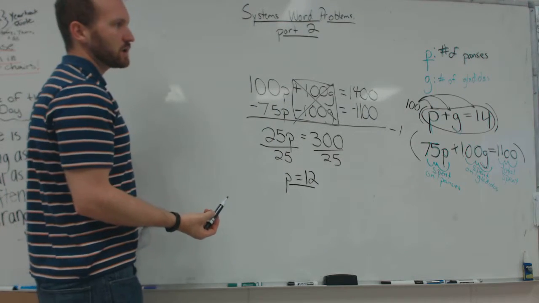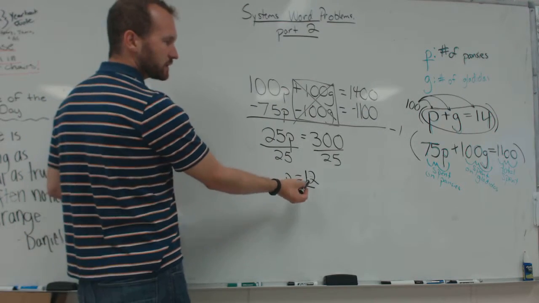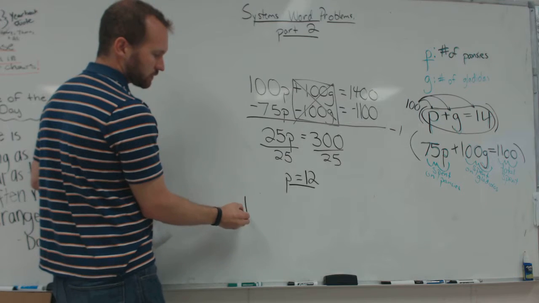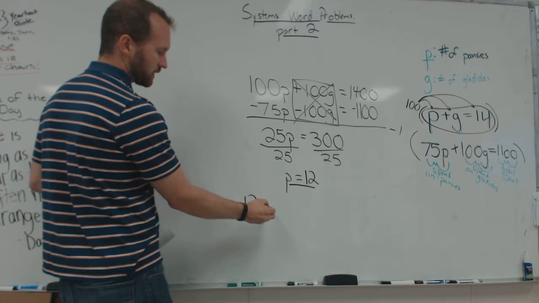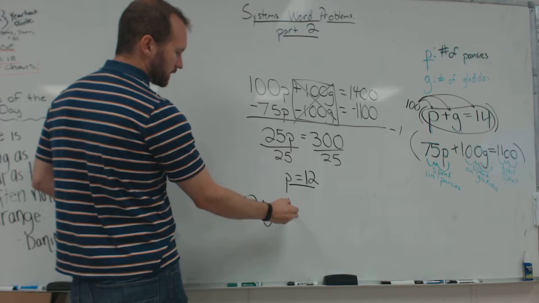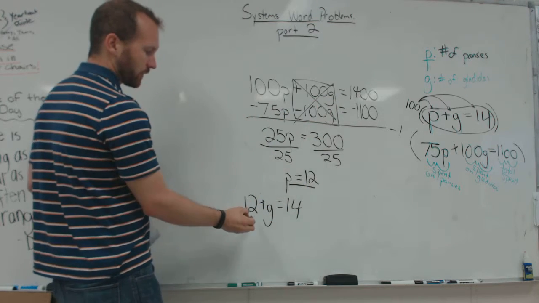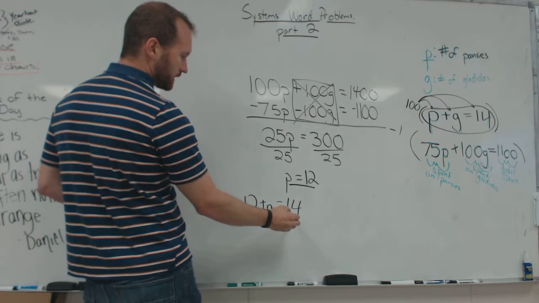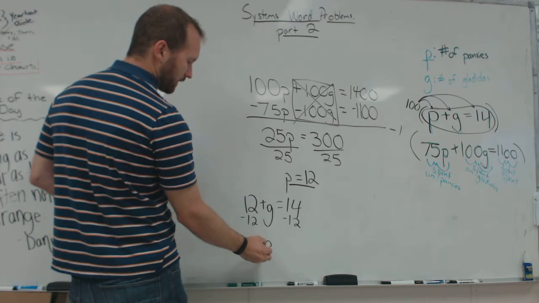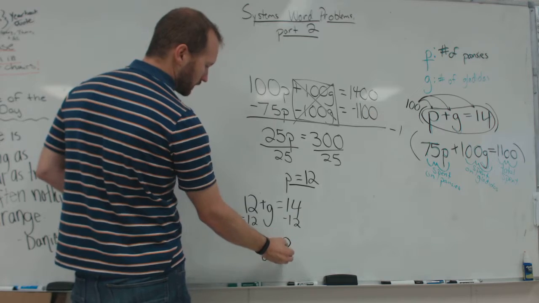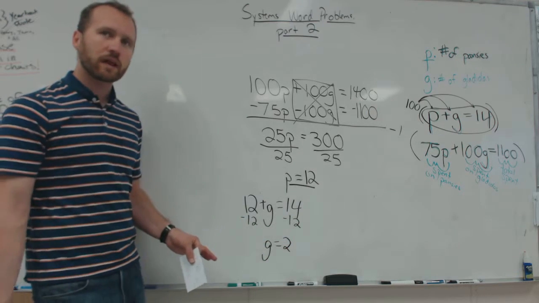So I have P plus G equals 14, but I know that P is 12. So I'm going to write 12 plus G equals 14, substituting my 12 in for my P. Subtract 12 from both sides, and I find that G equals 2. G is the number of gladiolas.